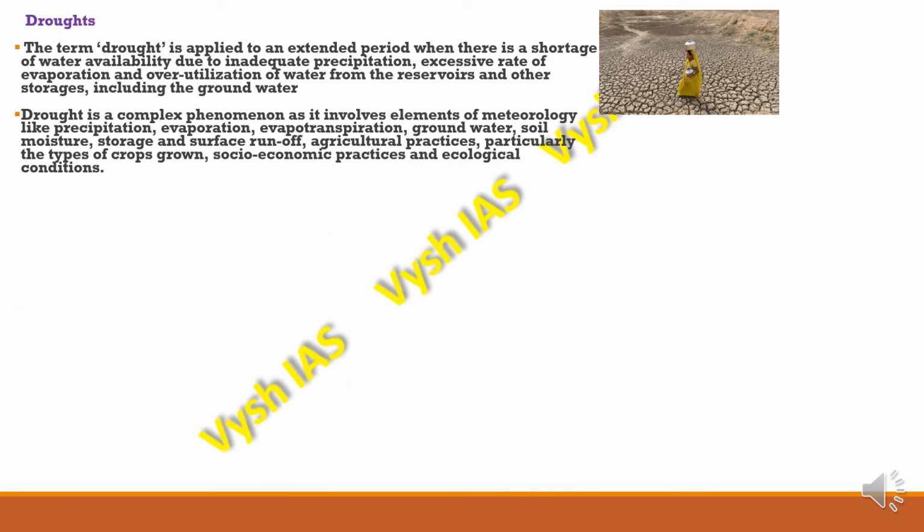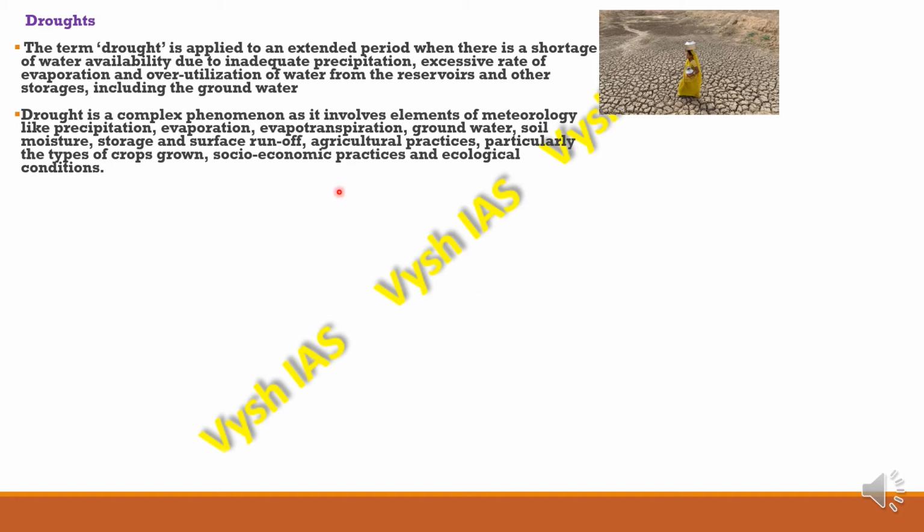Drought is a complex phenomenon because it involves elements of meteorology like rainfall, evaporation, evapotranspiration, then groundwater, soil moisture, storage, and surface runoff. Also, agricultural practices, particularly the types of crops which are grown, and the socio-economic practices and the ecological conditions which are present in that area.